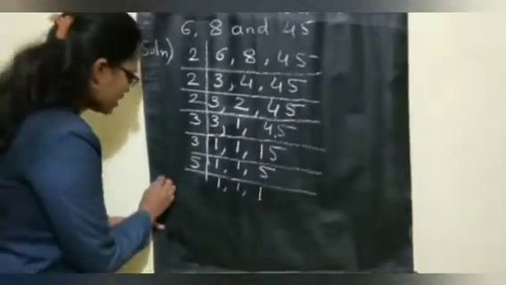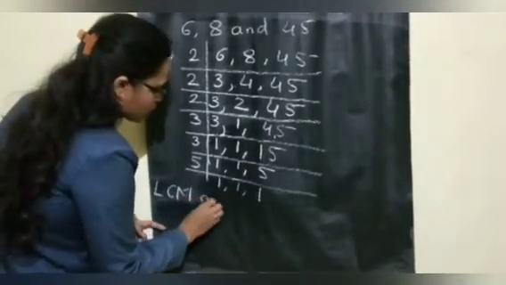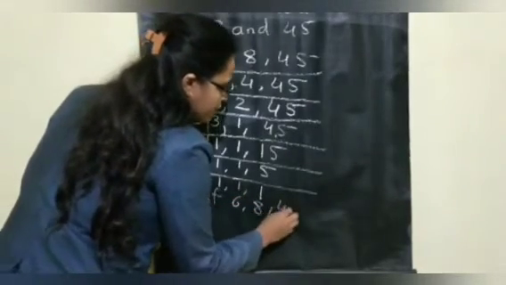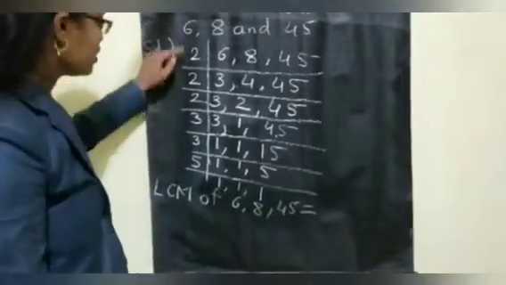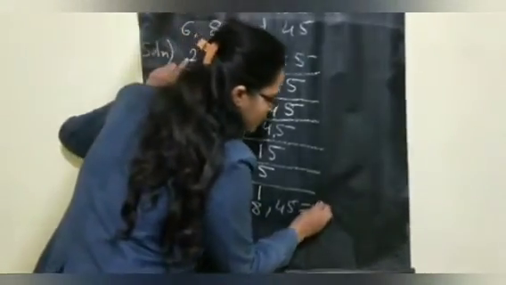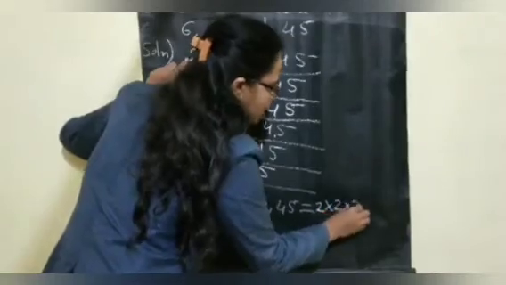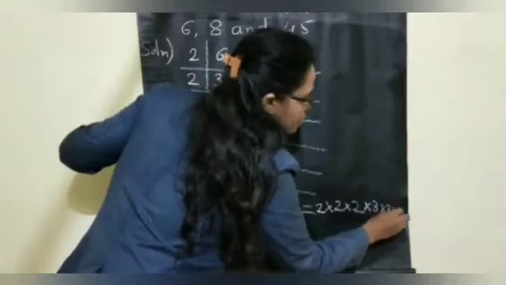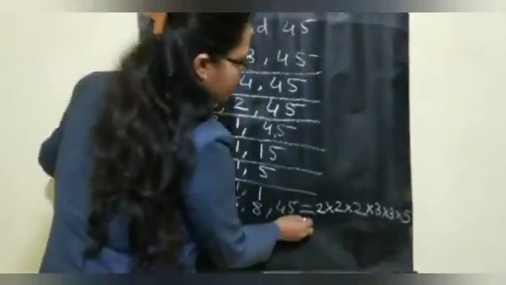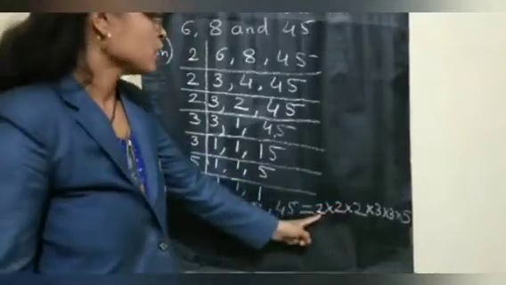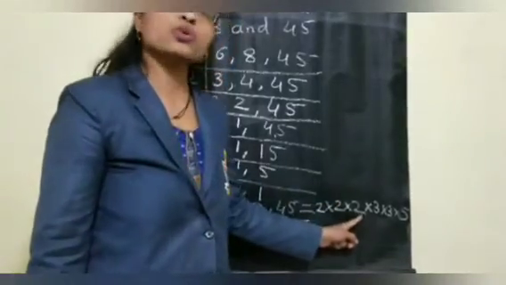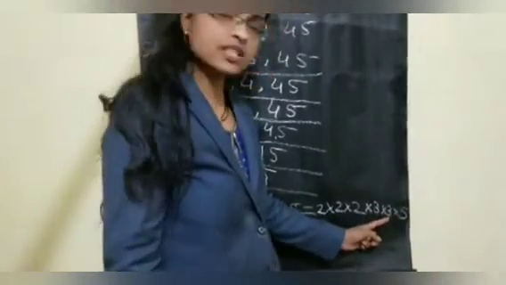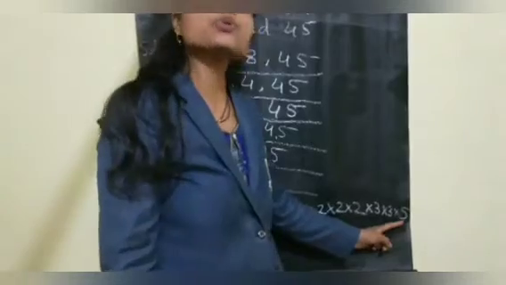So now we can write the LCM of 6, 8 and 45 is equal to, write all the factors: 2 multiplied by 2 multiplied by 2 multiplied by 3 multiplied by 3 and multiplied by 5, and find the product of all these numbers. 2 2s are 4, 4 2s are 8, 8 3s are 24, 24 3s are 72, 72 5s.